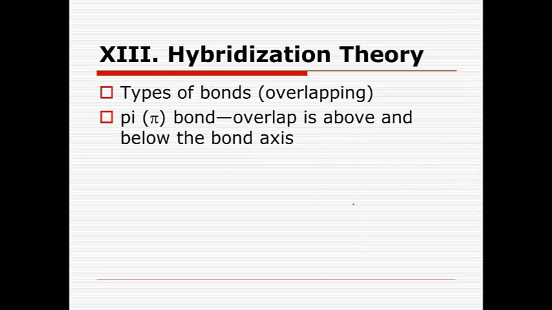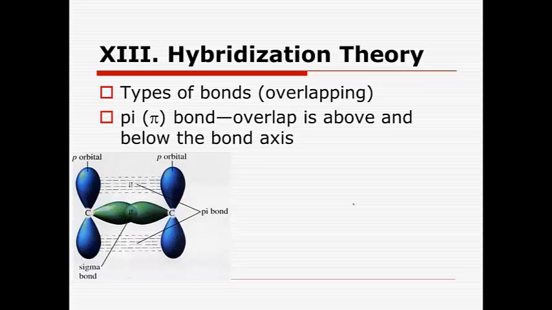Now a pi bond. A pi bond forms basically when p orbitals overlap. This right here is not a pi bond. That is a sigma bond, overlapping end to end. For pi bonds, you have to have p orbitals. Each atom has to have a p orbital, and notice they're parallel to each other.